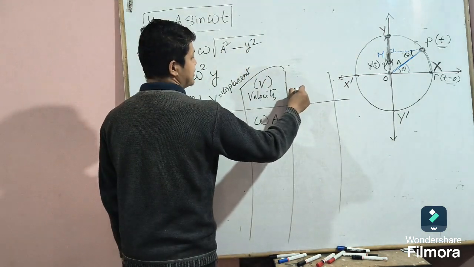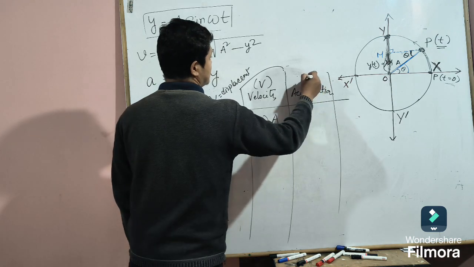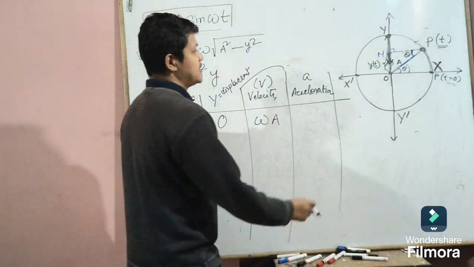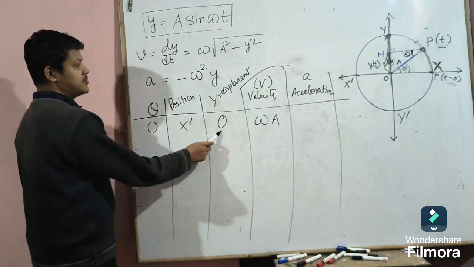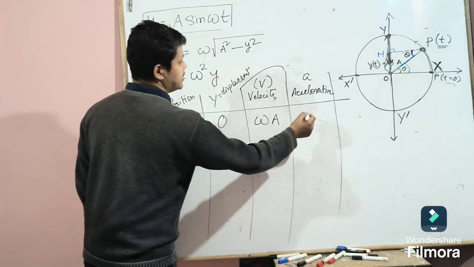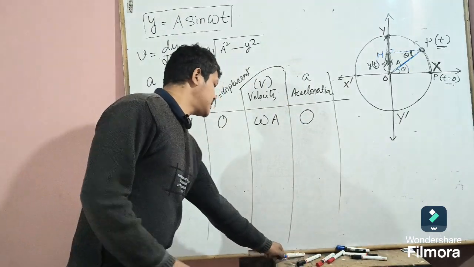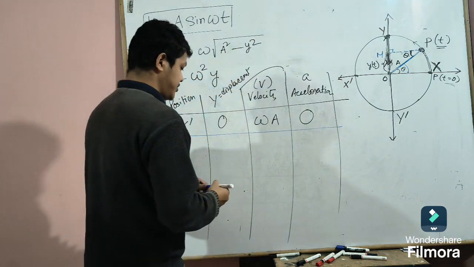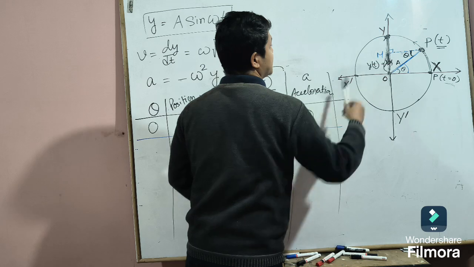Acceleration, that is a. When P is at this position, y is equal to 0, so if you put 0 here, acceleration will be equal to 0. Now consider this P at this position.